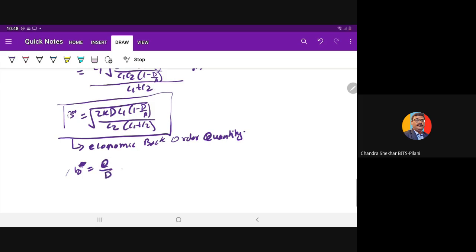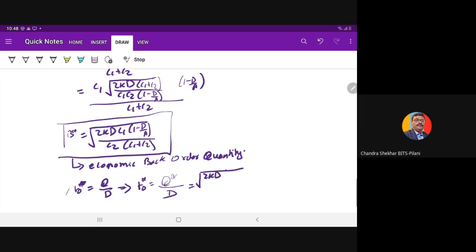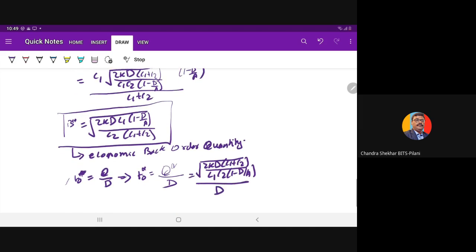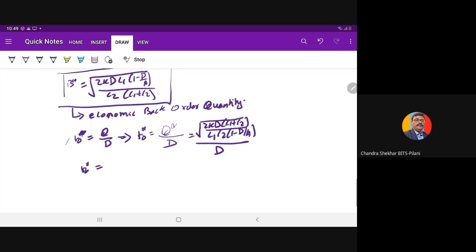T naught is the Q upon D. So that implies that T naught star will be the Q star upon D. So when we put the value of the Q star as 2KD C1 plus C2 upon C1 C2 1 minus D upon A, upon D, here the T naught star will come: 2K C1 plus C2 upon D C1 C2 1 minus D upon A.